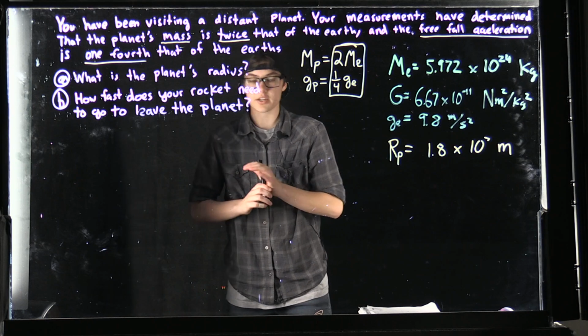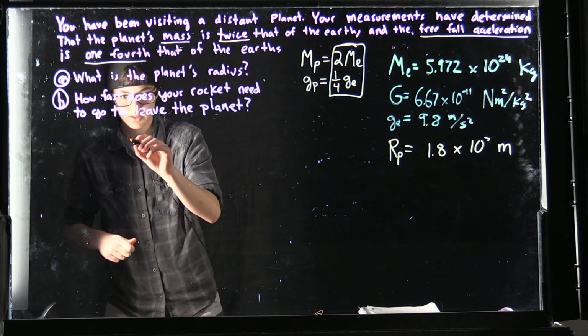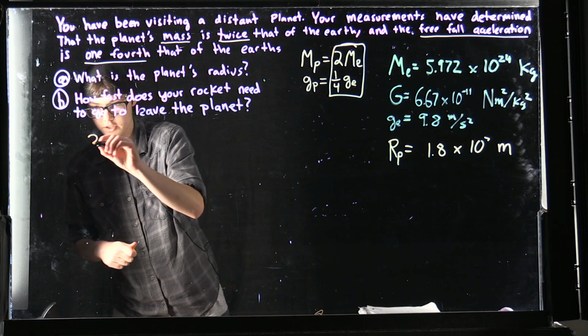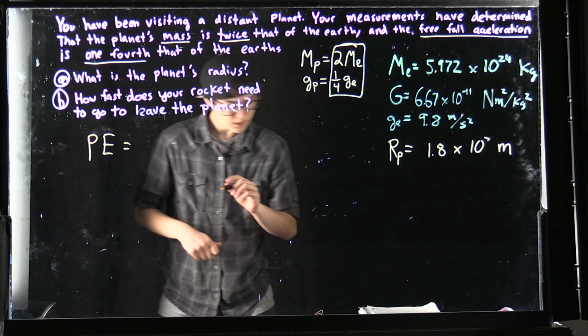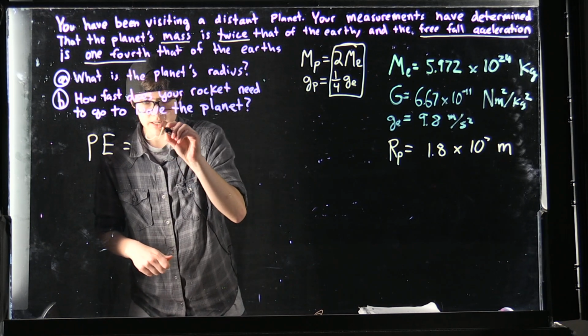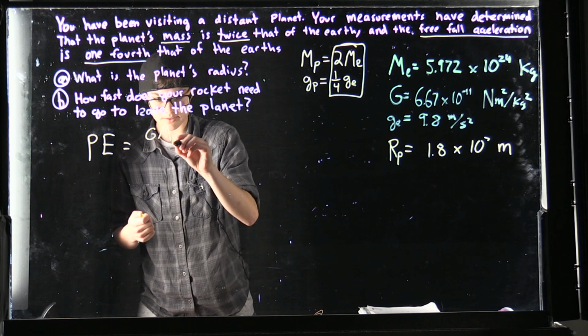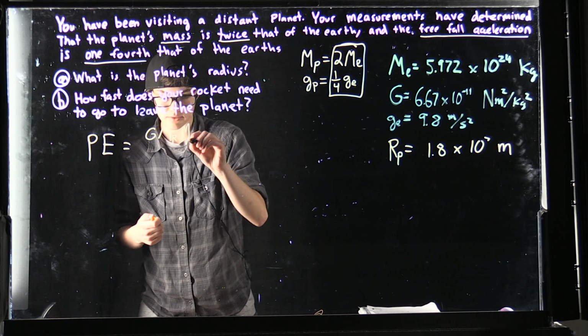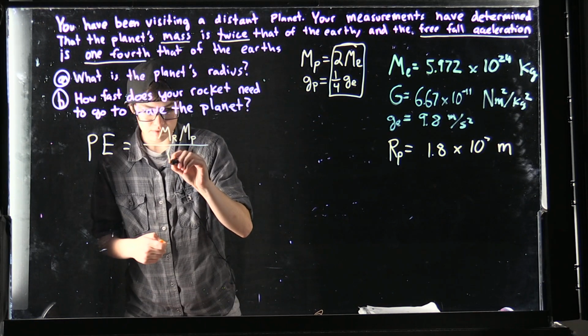You can look at your gravitational potential energy equation, which says that gravitational potential energy is equal to the gravitational constant times the mass of your rocket times the mass of the planet divided by the radius of the planet.